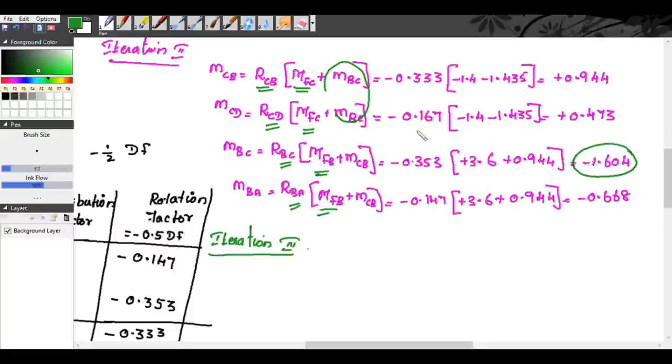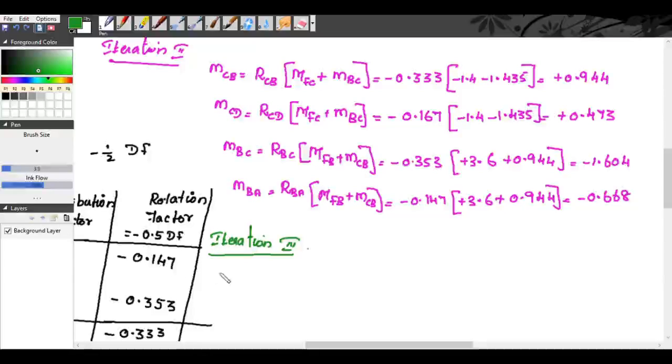Similarly, in these two cases, these things do not change. For MCB, you have to use what you will get in the third iteration. You will get one value for MCB, and you have to use that value. Anyway, first problem we will do it in detail.